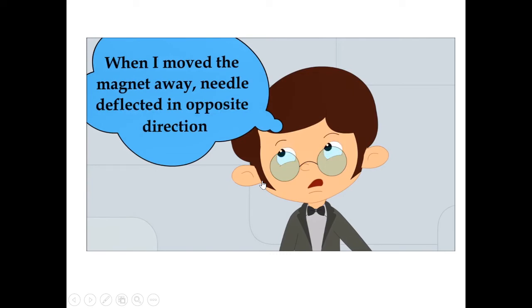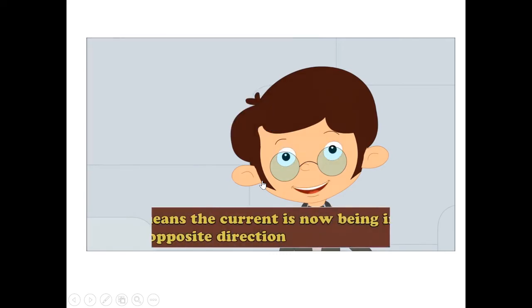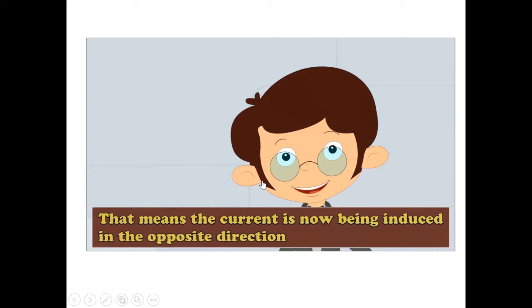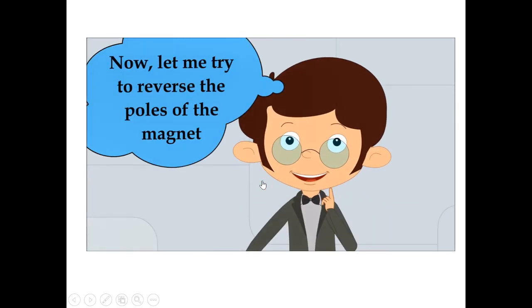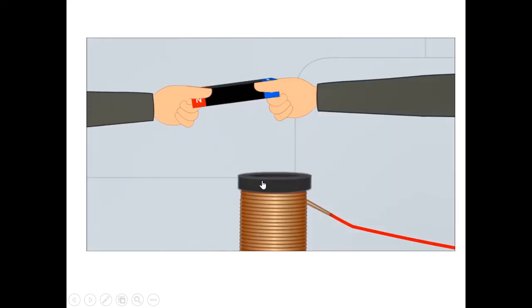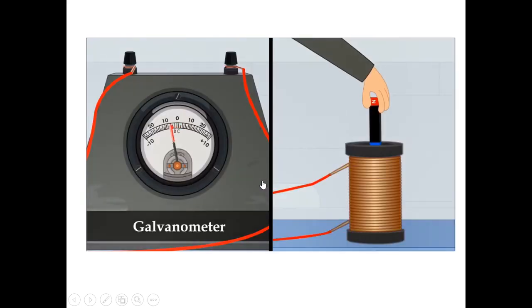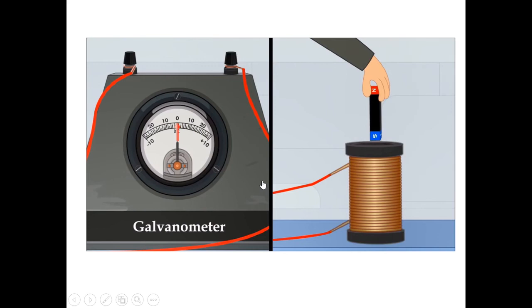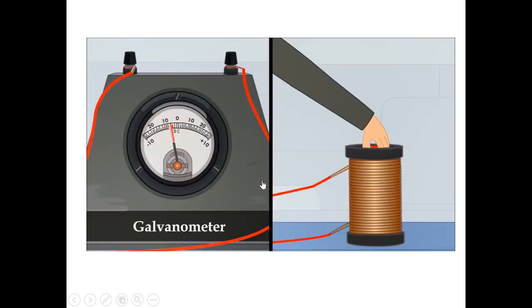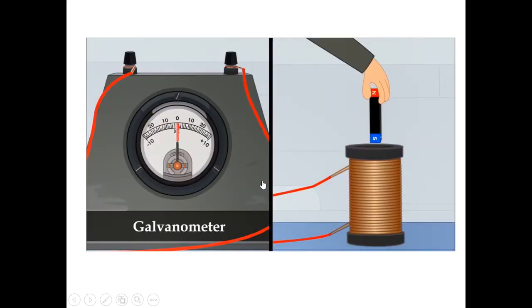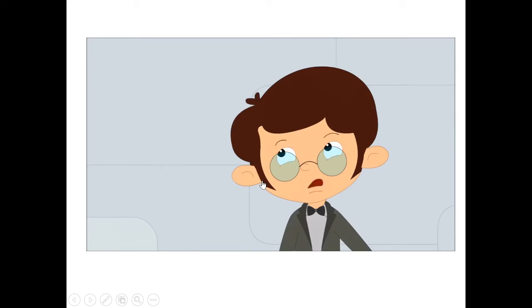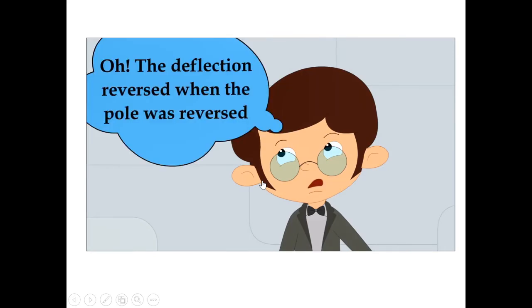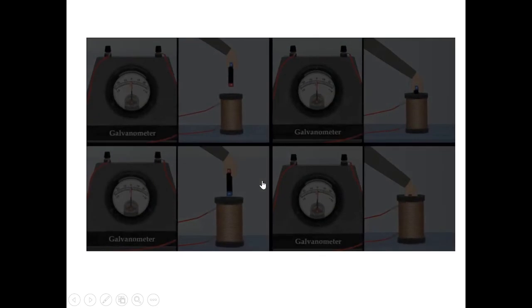When I move the magnet away, the needle deflected in the opposite direction. That means the current is now being induced in the opposite direction. Now let me try to reverse the poles of the magnet. The deflection reversed when the poles were reversed.